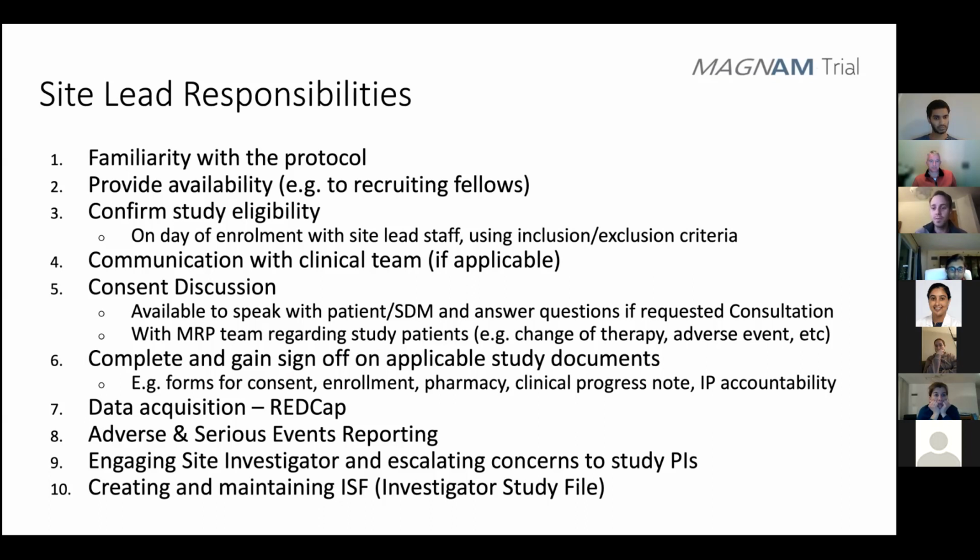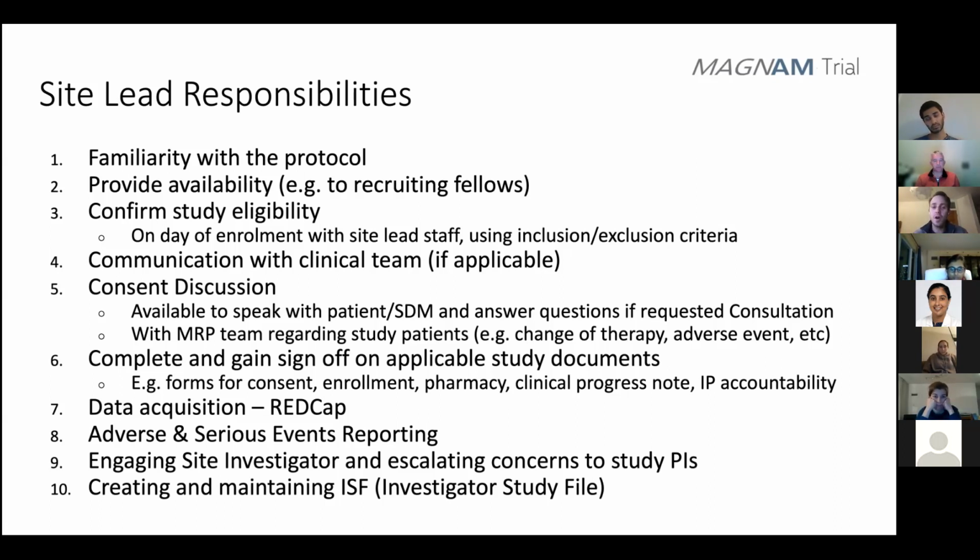And this is to support recruitment at the site. There are always going to be questions that come up, and you guys will be the point people to ask first. And then obviously Brian, myself, and Keith are backups to that as well. You guys will be able to provide availability to recruiting fellows to help with logistics, answering questions, and explaining some logistics of the protocol.